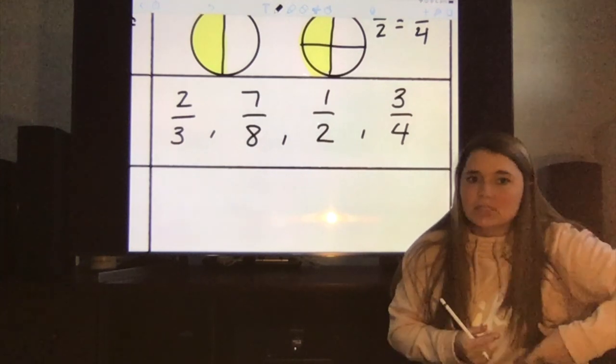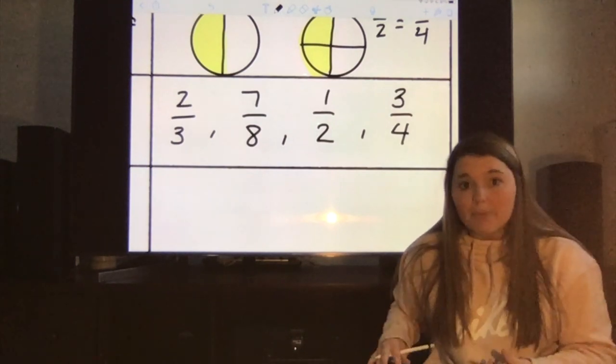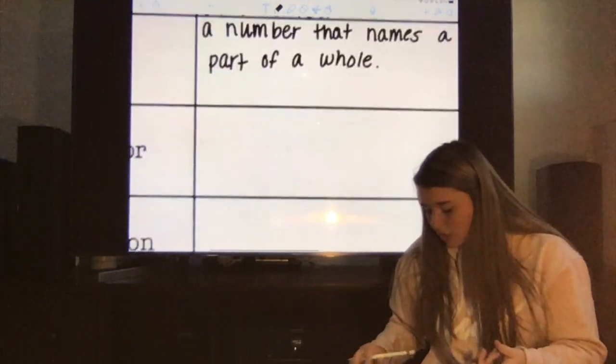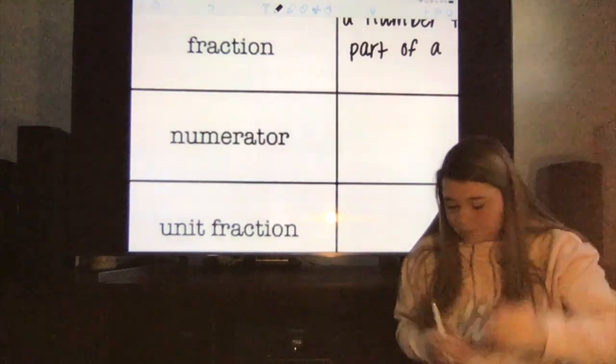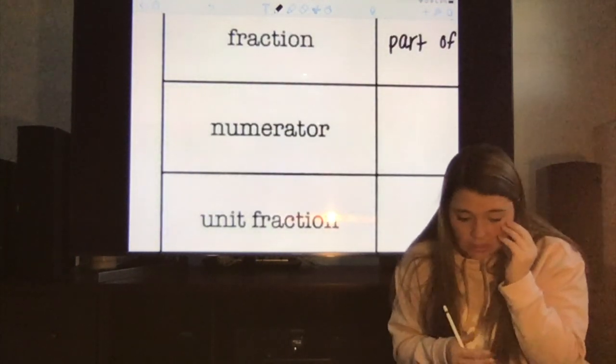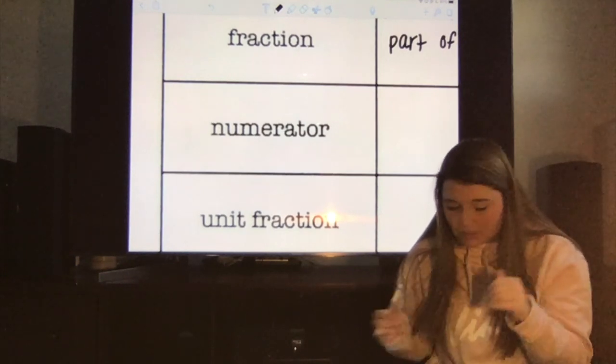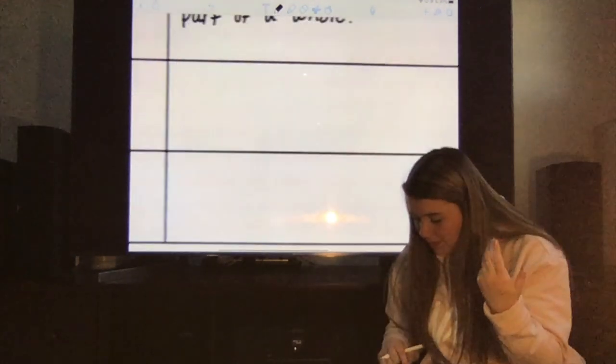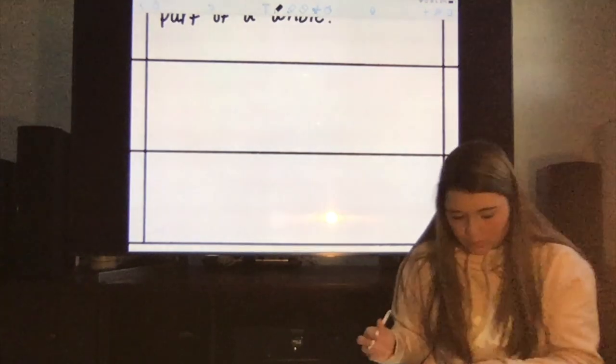Alright, so before we talked about the denominator on the bottom, now we're going to talk about the numerator, which is the number on top. The numerator is the number of parts. It's above the line in a fraction, and it's talking about how many equal parts we're talking about, okay?